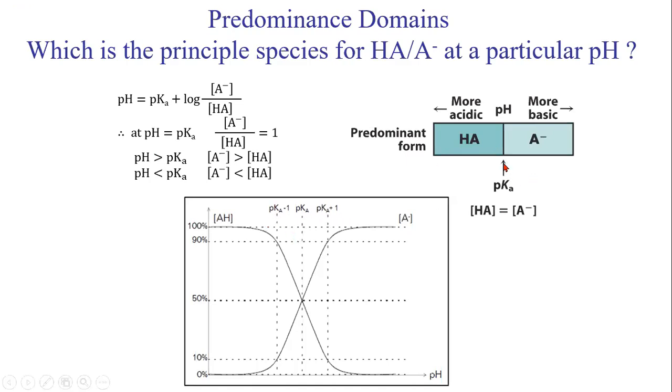What you have to know is you put the pKa value, and then the species that dominates at a lower pH than the pKa is HA, and the species that predominates after pKa is A minus.